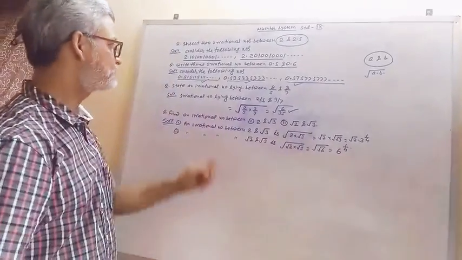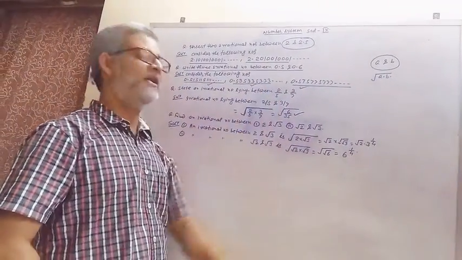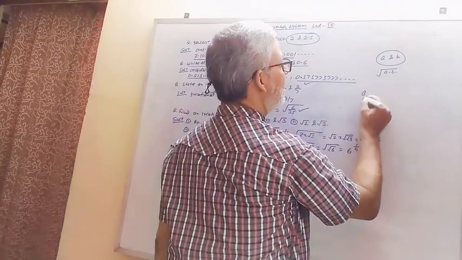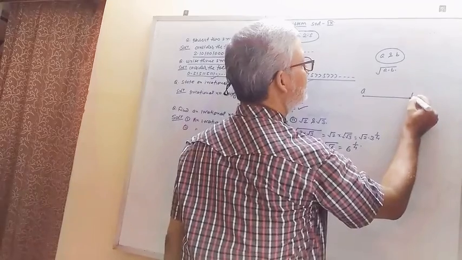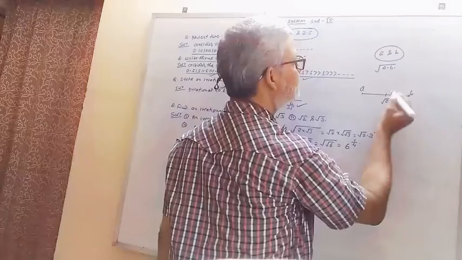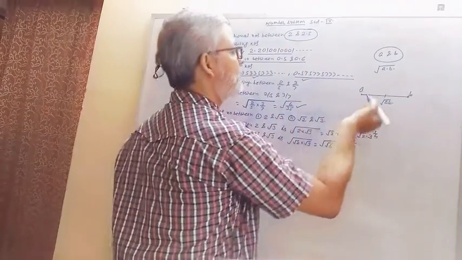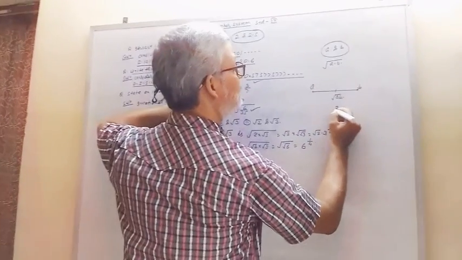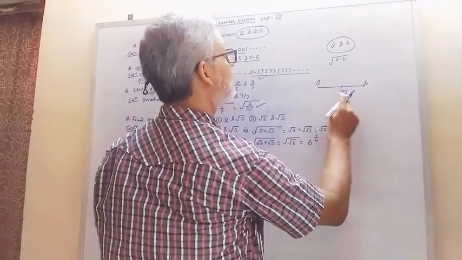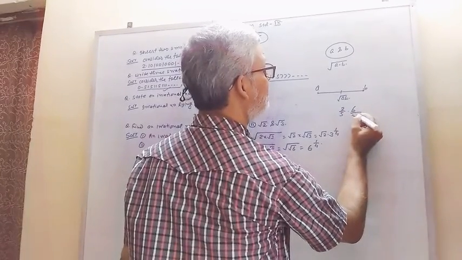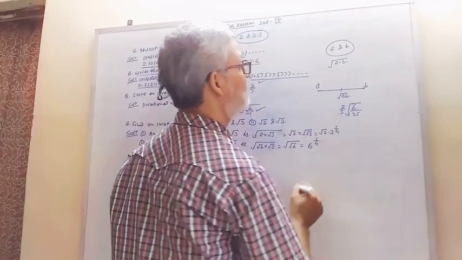Suppose one more irrational number is given to substitute. Suppose here it is A and here it is B, and between them you will get root under AB. Now suppose a second irrational number is asked for. Here A is equal to 2 by 5, and root under AB is root under 6 by 35.